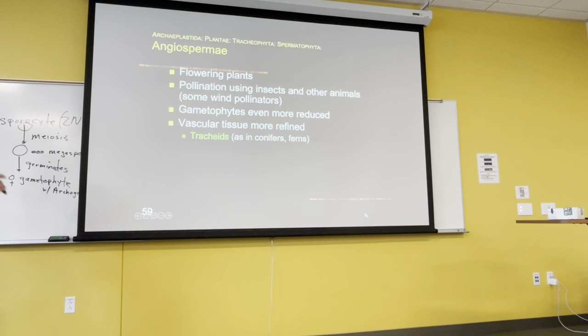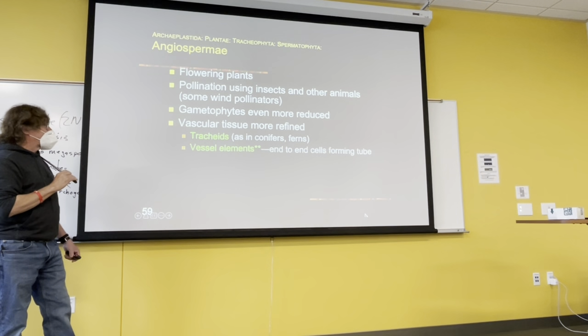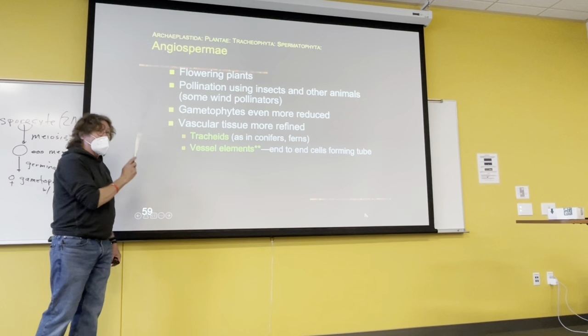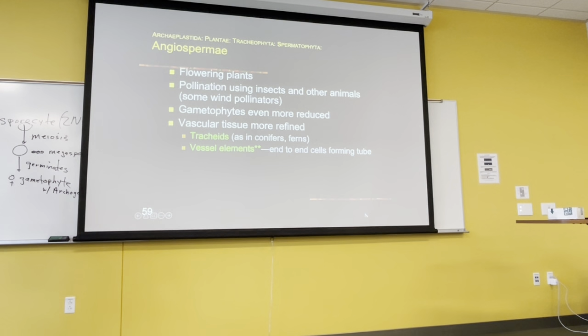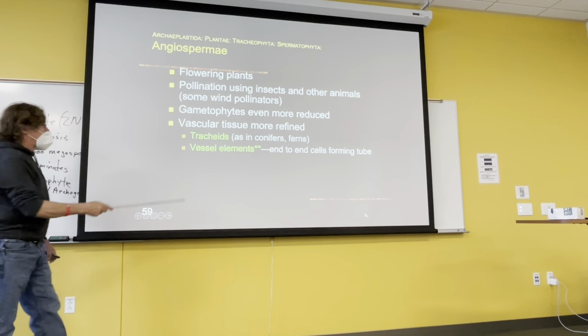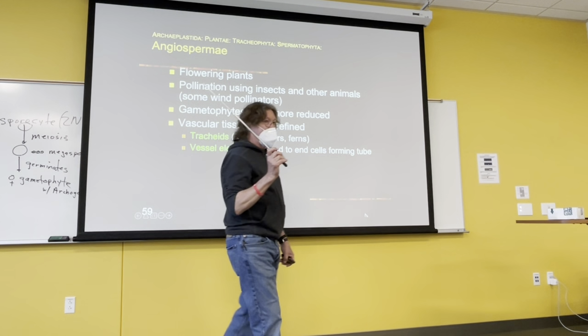But angiosperms have tracheids also, and from tracheids has evolved something else called vessel elements. We're certain that vessel elements have evolved from tracheids. And these are more efficient at conducting water, okay?